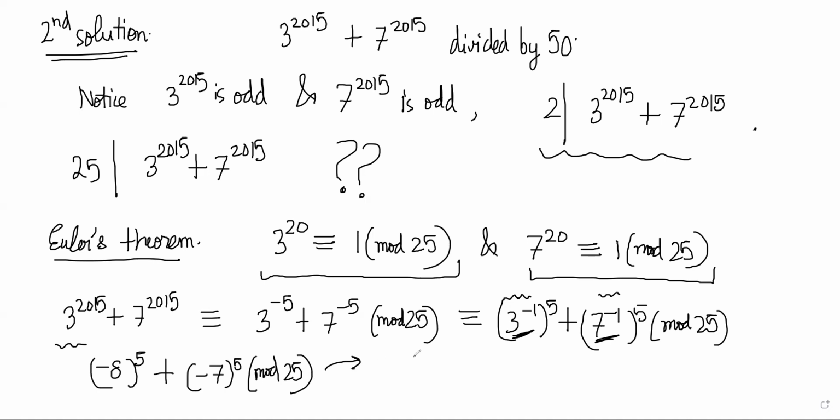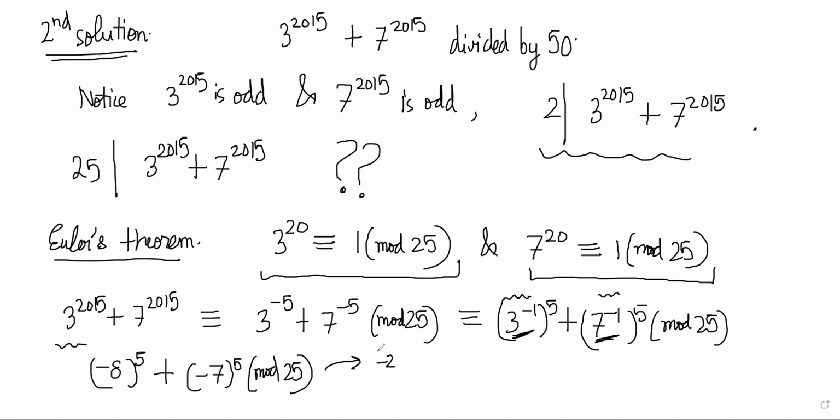And from here, we can write it as minus 8 power 5 is congruent to minus 2 power 15 basically.